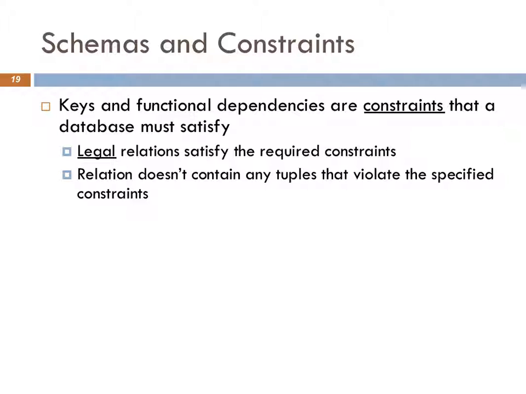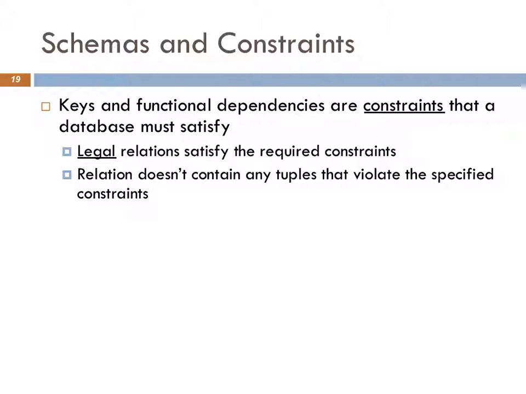And so functional dependencies operate in a very similar way. Here's some more terminology for us all. We would like to constrain our database to only contain legal relation values. What that means is that the relation value doesn't contain any rows that would violate any of the constraints.